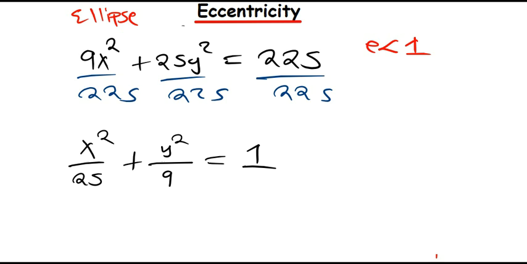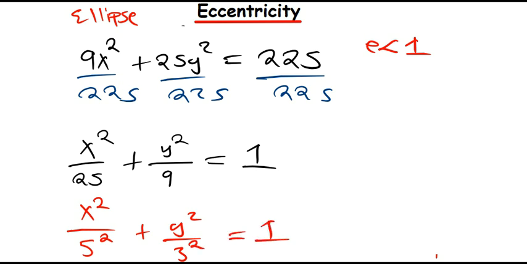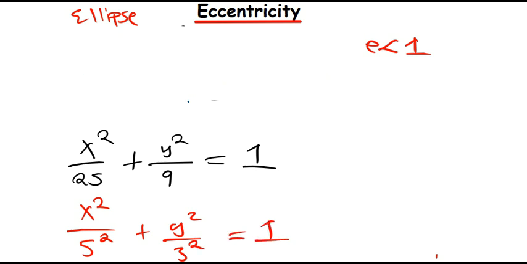So we have our basic form for the ellipse. This 25 is greater than the 9, right? So you can have x squared over 5 squared plus y squared over 3 squared. We're expressing them in terms of squares because that's what the basic formula tells us. So the first part, where there is 5, is a, and where there is 3, it's b.